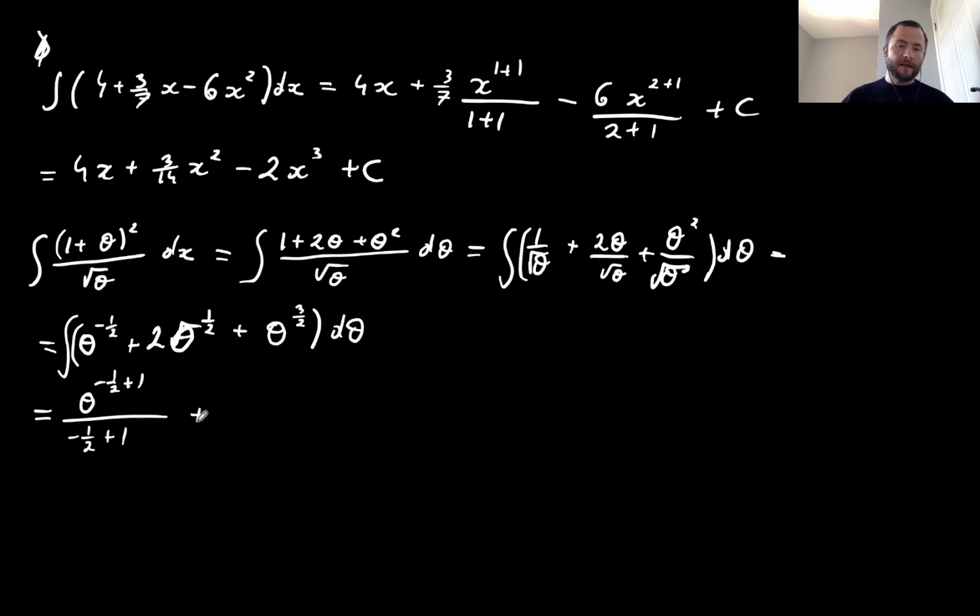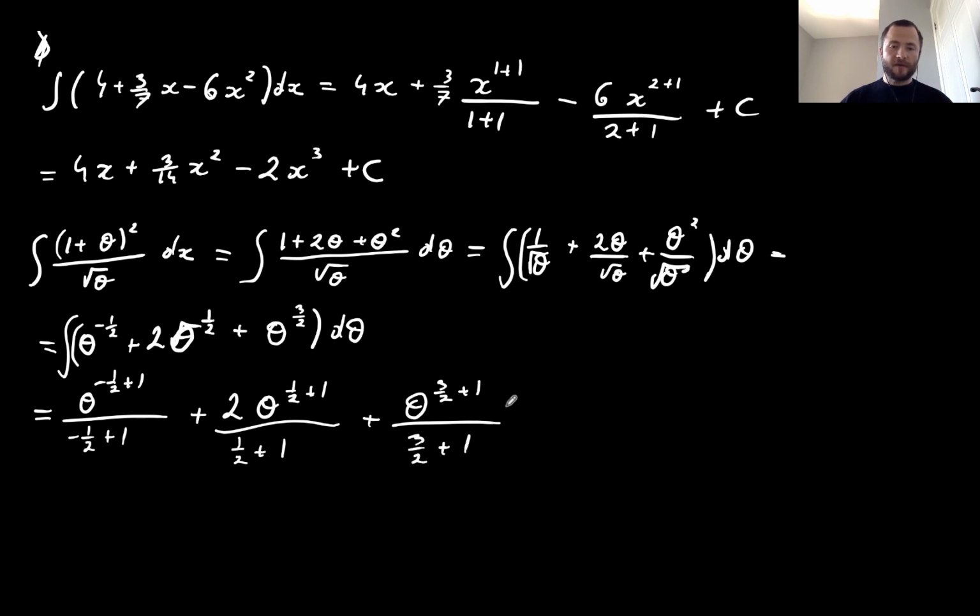For the second term, 2 theta to the power of half, so that would be 2 theta to the half plus 1 all over half plus 1. And then for the last one we're doing exactly the same thing, plus theta to the 3 over 2 plus 1, all divided by 3 over 2 plus 1, following our approach to integration, and plus the constant of integration.